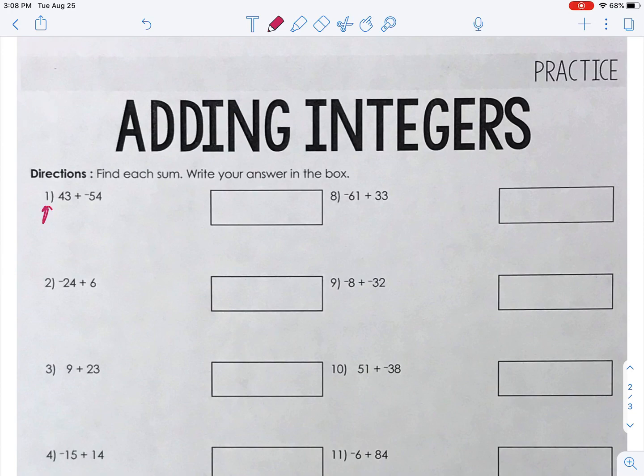Make sure you write the number of the problem down. Do the problems in the same order as they are presented on the worksheet. And write very neatly so that when you take a picture of your work and submit it, I'll be able to read it.